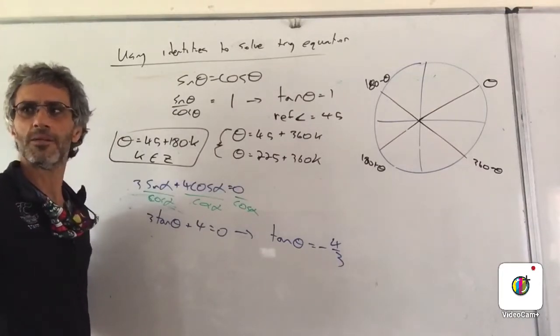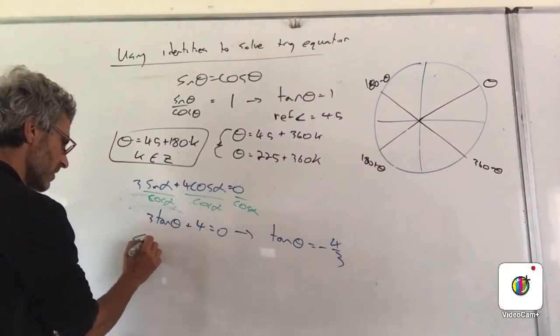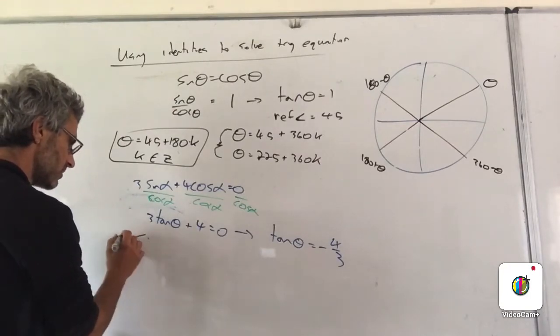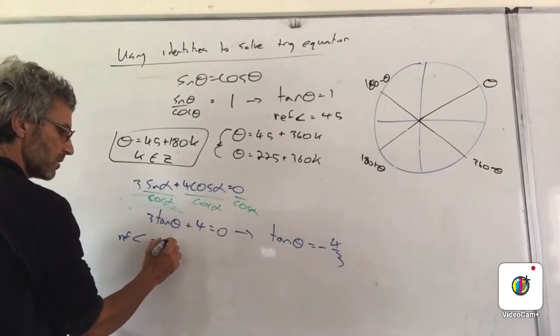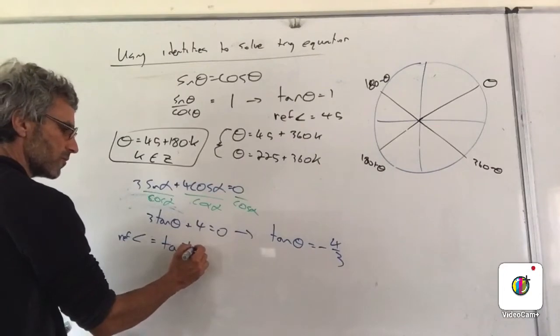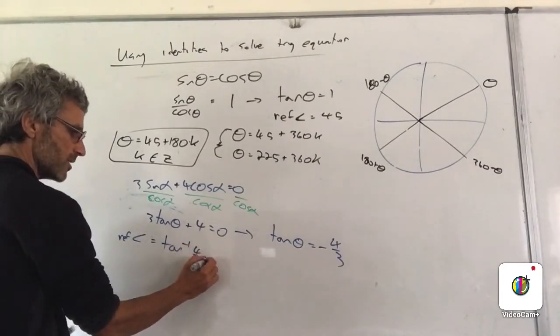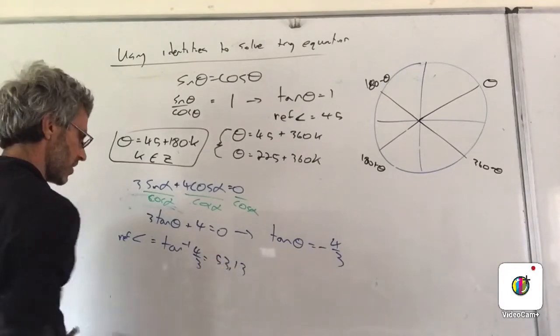Shall we do it one more time for the good old days? The reference angle is going to be equal to what? 53.1. How do we do it? It's tan inverse of 4 over 3. We ditch the minus, which gives 53.13.